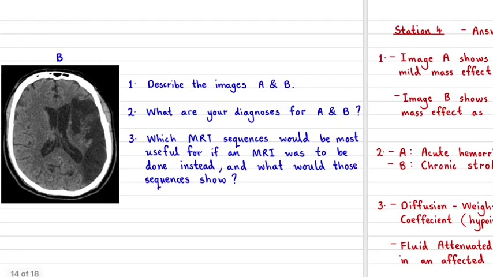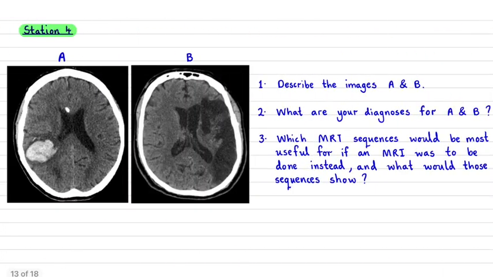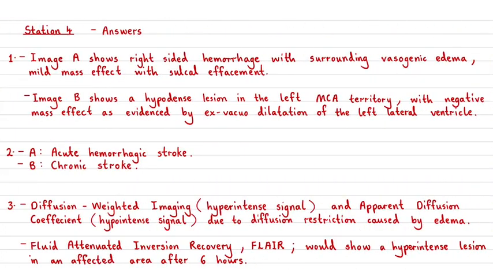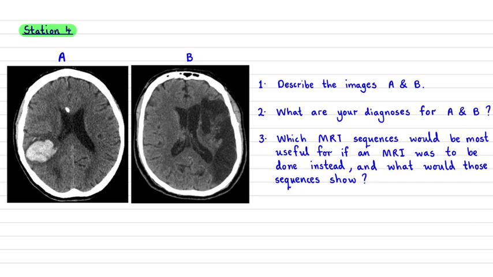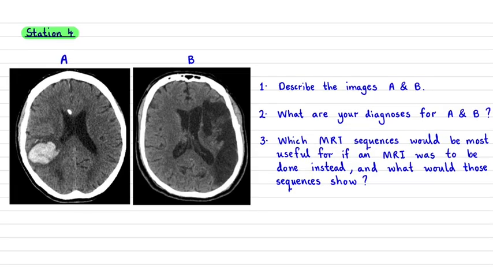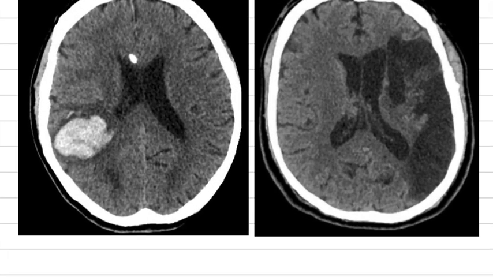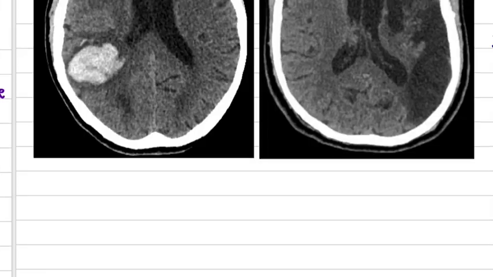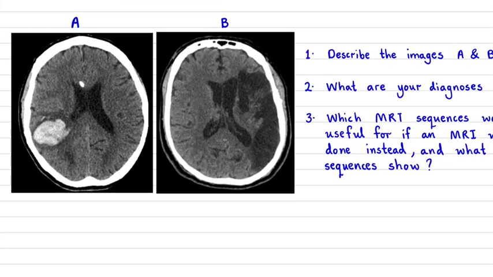The diagnosis for A, this is an acute hemorrhagic stroke, and for B, this is a chronic stroke. So why are we saying that this is a hemorrhagic stroke? This goes back to the principle of Hounsfield units.